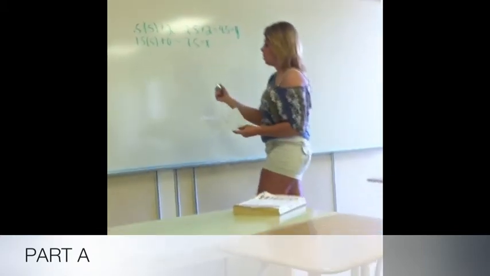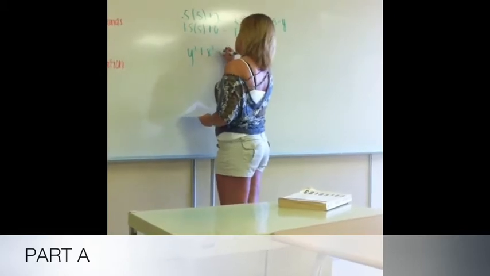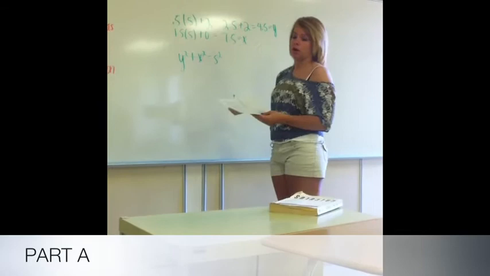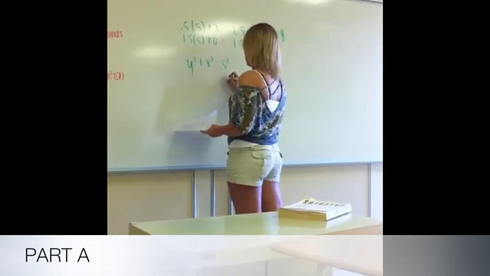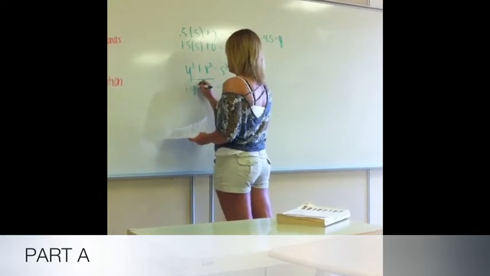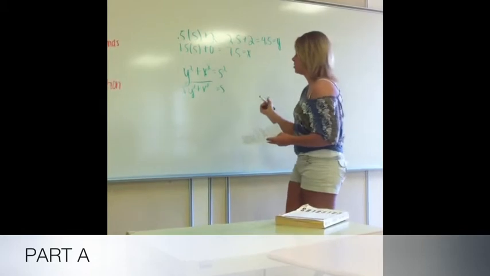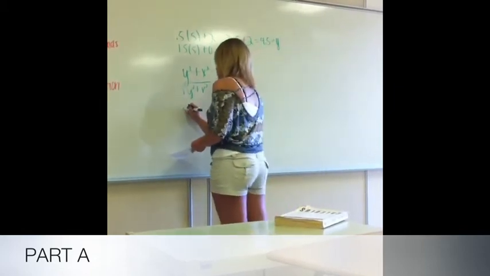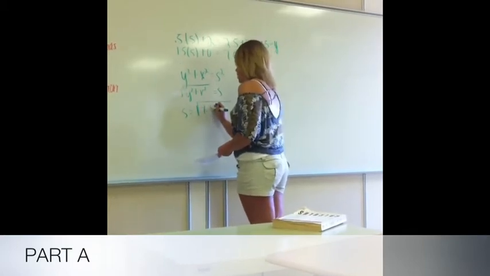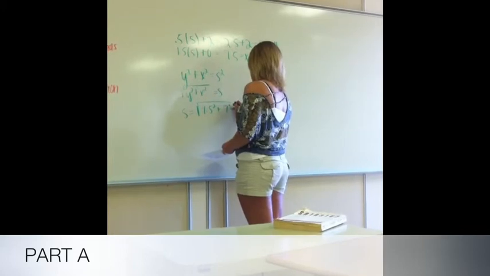So then, since you know that y squared plus x squared is equal to s squared, if you plug in your x and y values, you can solve for s. Because s will end up being equal to the square root of y squared plus x squared. So if you plug in your numbers, you will have s is equal to the square root of 4.5 squared plus 7.5 squared.